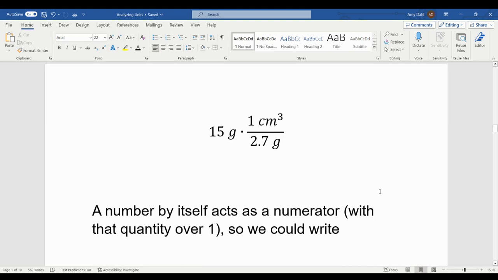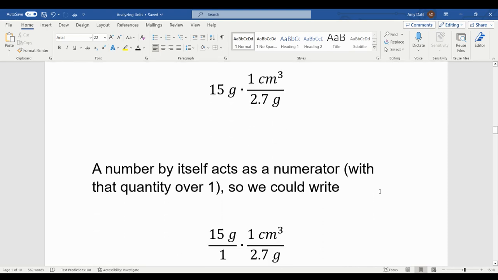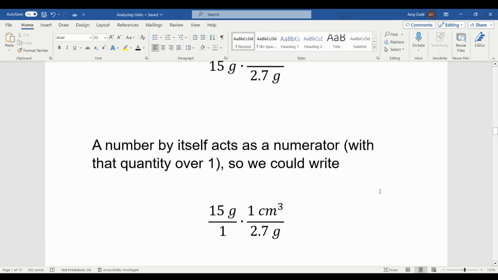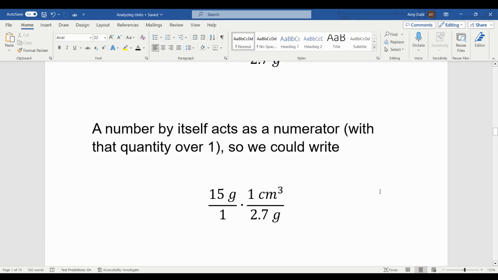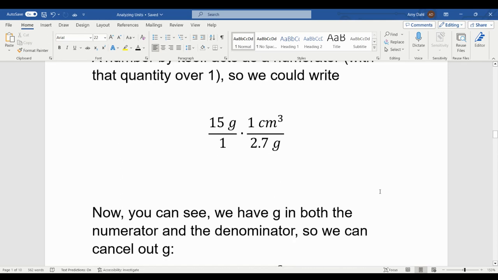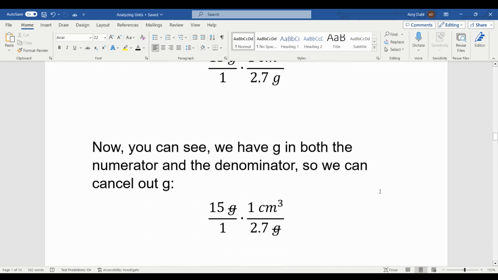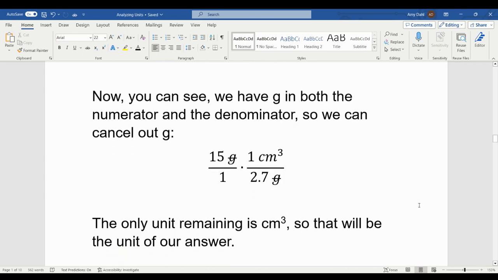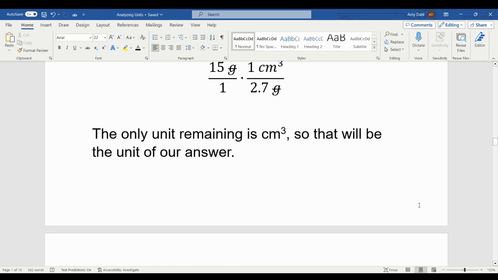A number by itself acts as a numerator with that quantity over 1, so we could write it like this, and you're welcome to write your expressions with something over 1 to make clear that it's in a numerator if you want to. Now you can see we have grams, that is g, in both the numerator and the denominator, so we can cancel out grams, and we just line them out, draw a line through them. The only unit remaining is centimeters cubed, so that will be the unit of our answer.